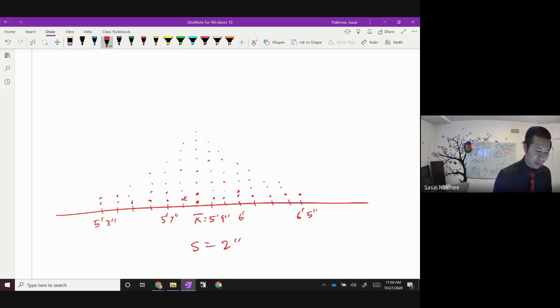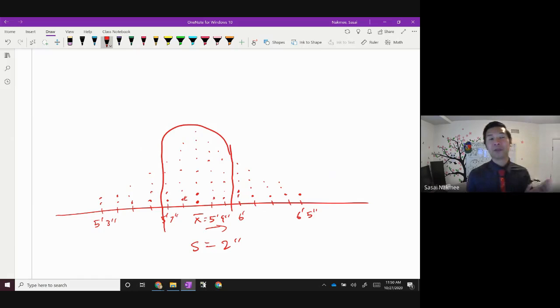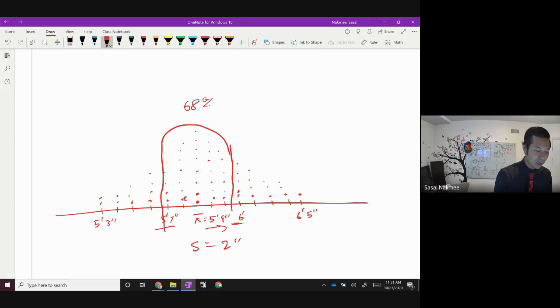That means if I go 2 inches above 5'9", which is 5'11", and 2 inches below 5'9", which is 5'7", then with the empirical rule, if 100 people lined up with me, the number between 5'7" and 5'11" would be 68 out of 100. So that's what that 68% represents.